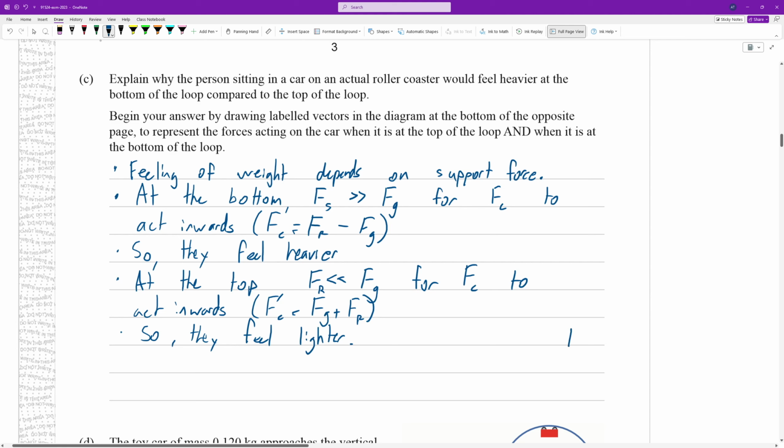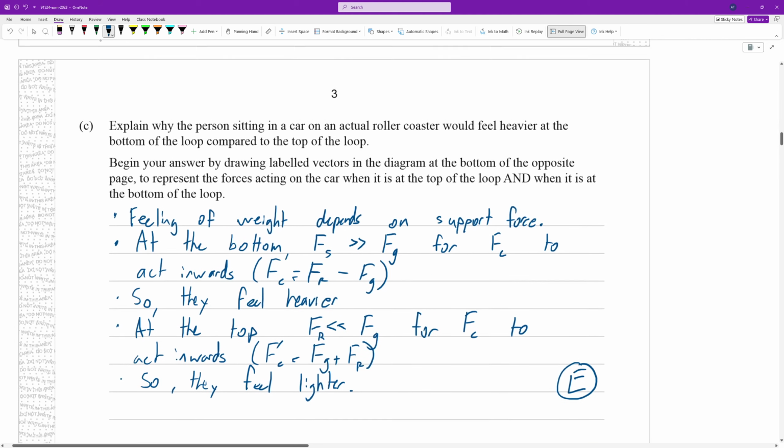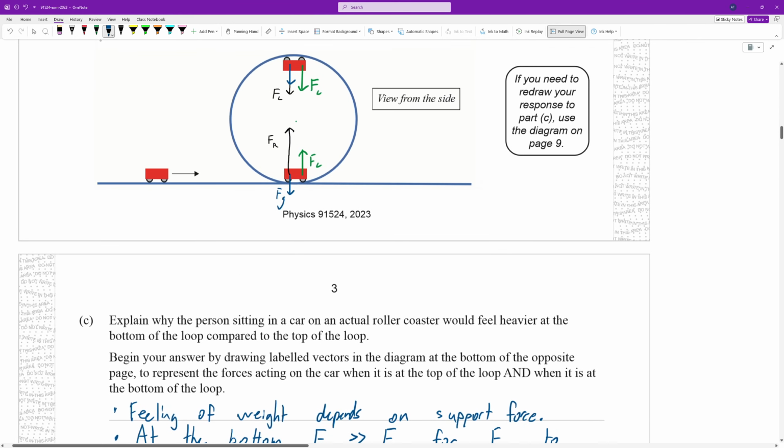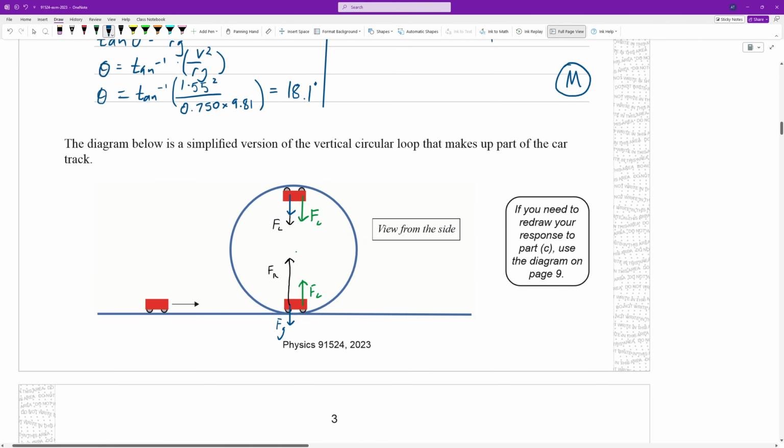All right, and this was an excellence question. So let's just summarize this one, going back up to the diagram. As you approach the vertical loop, your weight force is always constant at the bottom and the top. In order to follow the circular path, we always need a net force acting inwards.